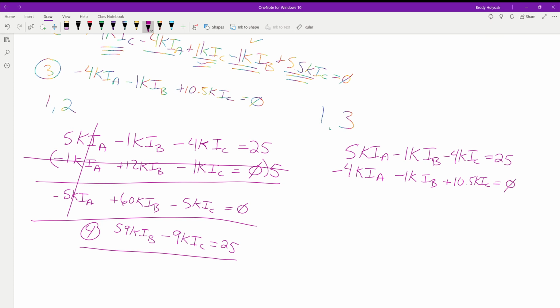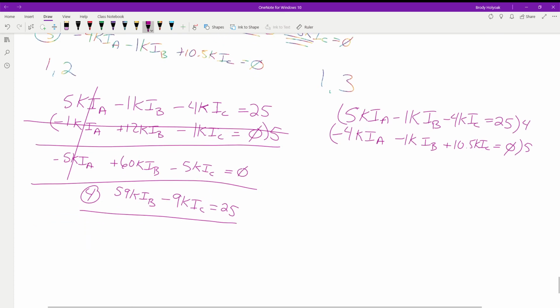Now in this one, since we already got rid of our IAs, we have to eliminate the IAs on this side. And this one, we don't have any other choice but to brute force it. So we multiply the top by 4, and the bottom by 5. So that way these will both equal the same.